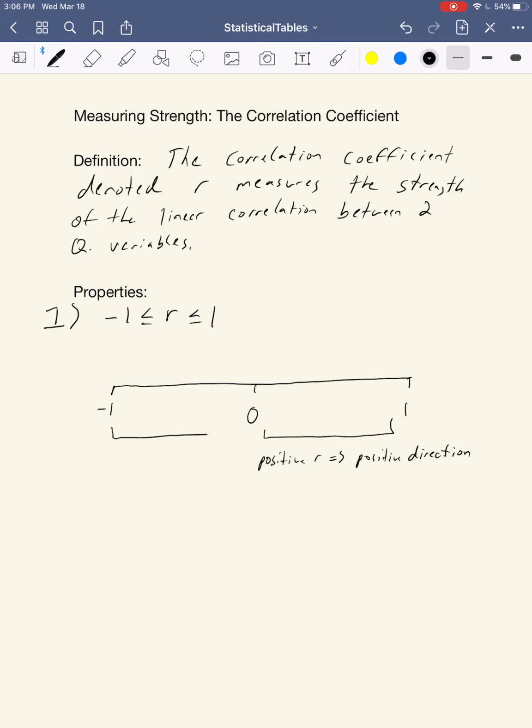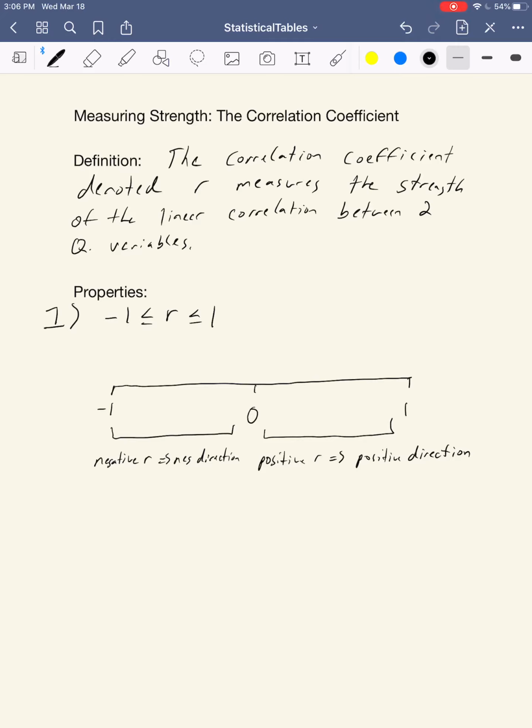The same would be true over here in this section when you get a negative R. So you get something like -0.5, -0.8, something like that. That implies a negative direction. Okay? So that's very important. You just got to remember that the sign that you're seeing of your correlation coefficient, negative or positive, corresponds directly to the direction.